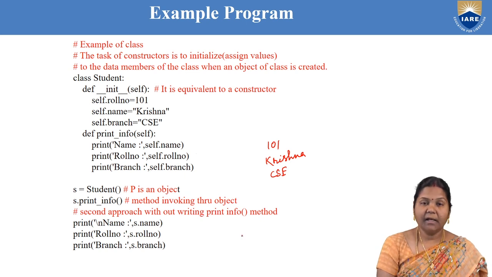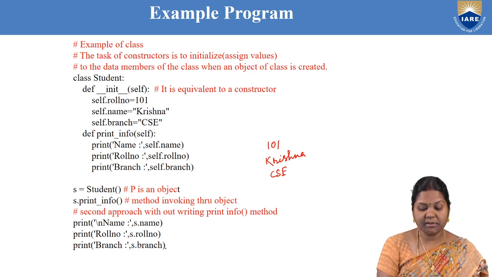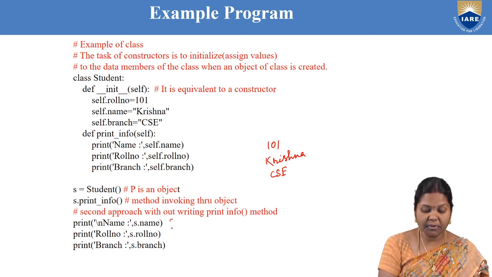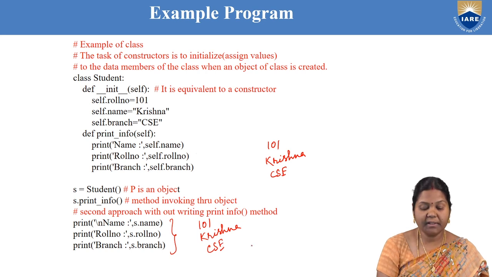The second approach is, without writing the print_info method, we can directly write s.name, s.roll_number and s.branch. So s is the object name. Object name dot attribute name or variable name, we can write directly and we will get the same output. So these are the two different ways of displaying the values.